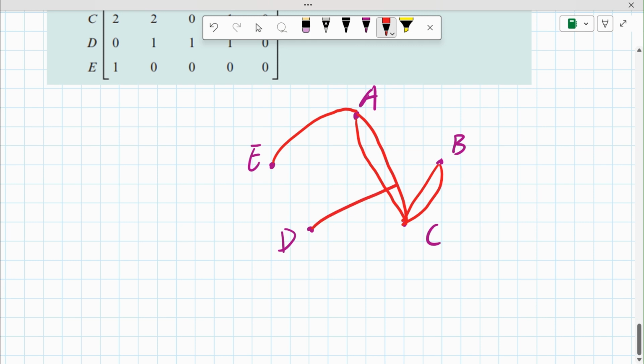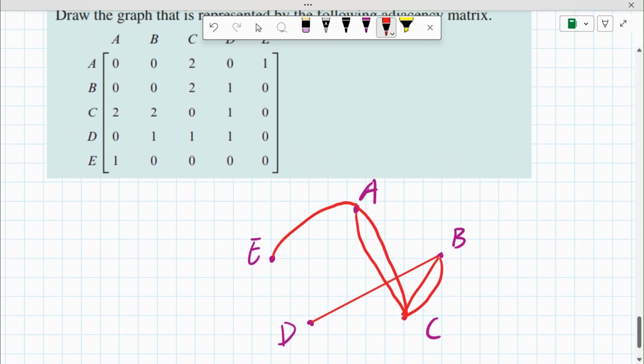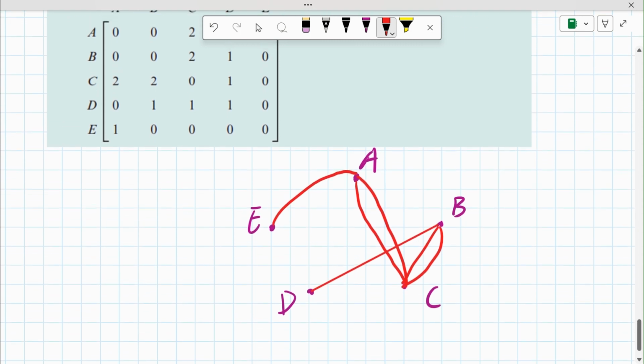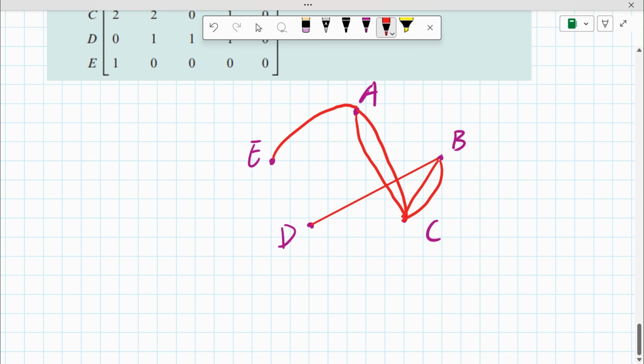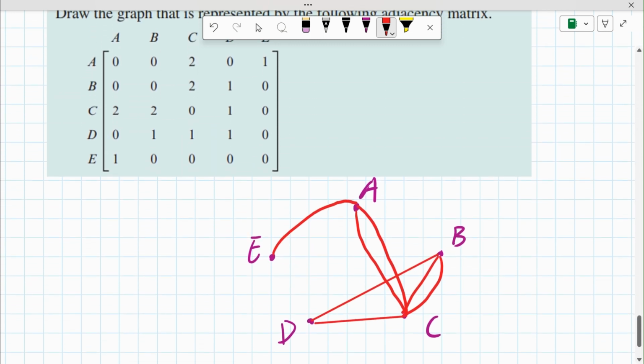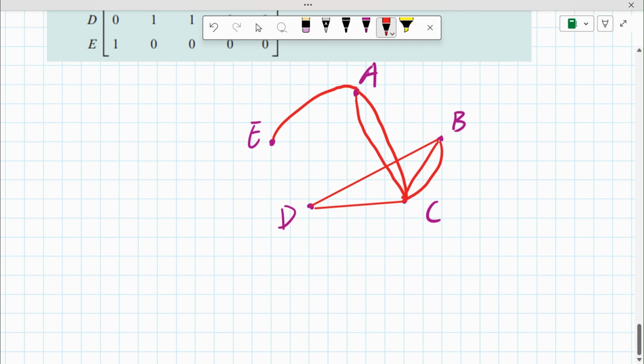Now C to A has 2 connections, C to B has 2 connections, C to C there's no connection, and C to D there's 1 connection. C to E, we don't have a connection.